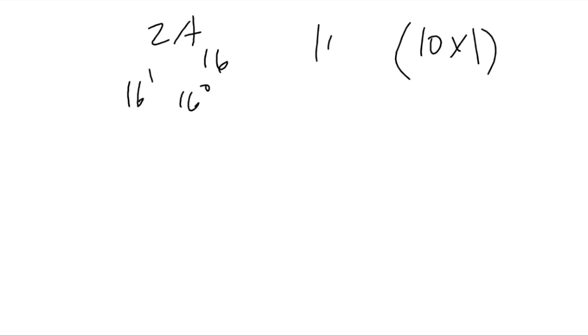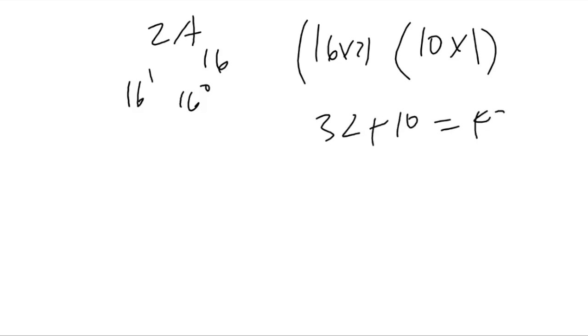A is 10, so this is our 16 to the 0 spot, and this is our 16 to the first spot. We have 10 times 1 for that spot, and 16 times 2 for the other. So we've got 32 plus 10, which is 42.